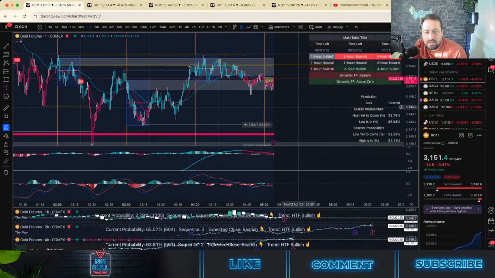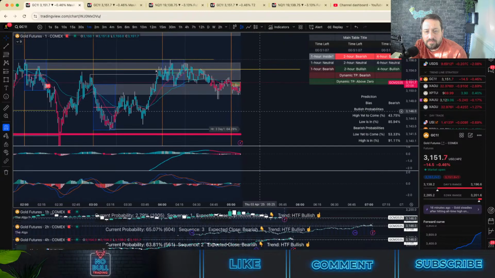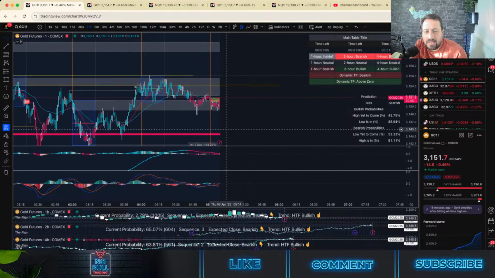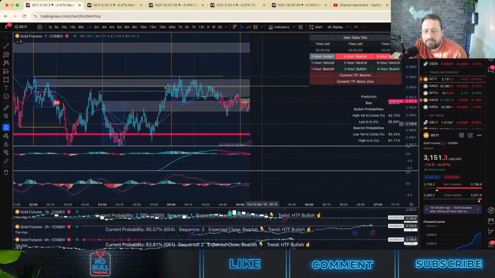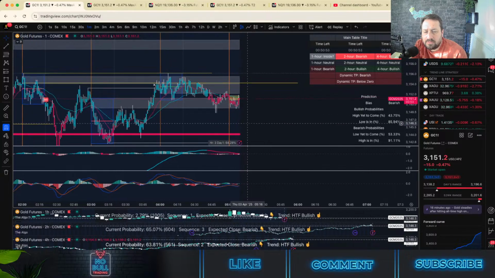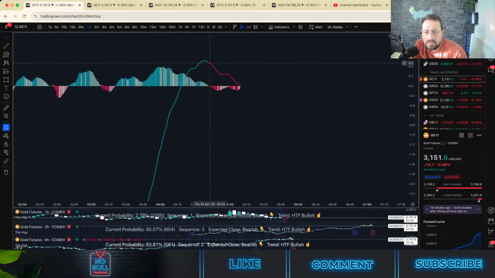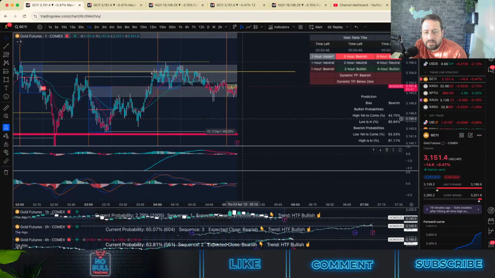But we just need to see it. I still feel like this 4-hour we could still close inside this level here, right? Then we'd have that tail bar close bullish, but coming round.